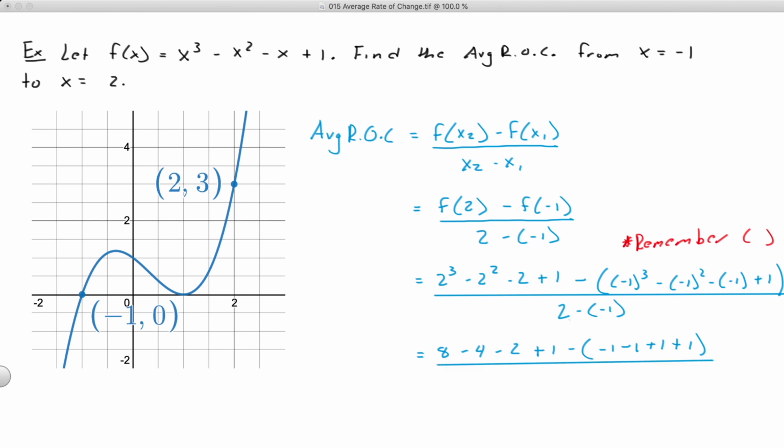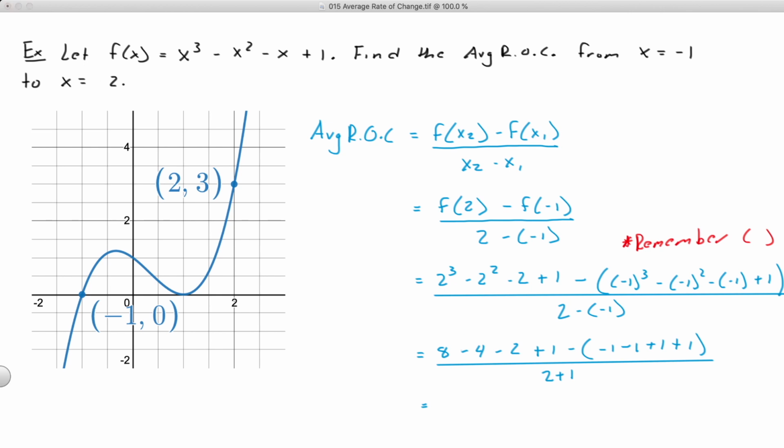And once again, 2 minus -1 on the bottom would be the same as 2 plus 1, because we're subtracting a negative. This might look like a lot of arithmetic to do, but what we can notice is this section here has 2 minus 1s and 2 plus 1s, and so those will cancel each other out, leaving us with 0.